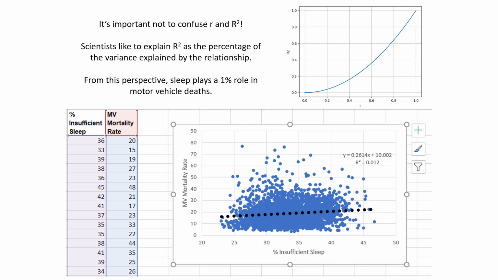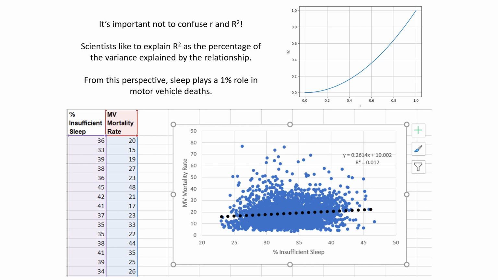Because R goes from -1 to 1. When we square that, they're positive, so R squares go from 0 to 1. But also that strength of the relationship declines very quickly because this number is less than 1. The R-squared value is always going to be less than the R value, and sometimes by quite a bit.